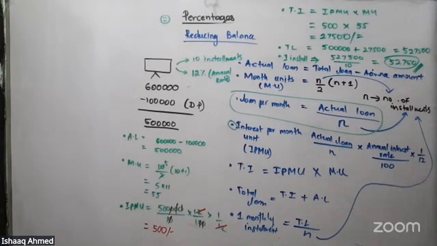So after that, later, not now, you can do the question in page number 12. In page number 12, the second question is a reducing balance question. You can do that.